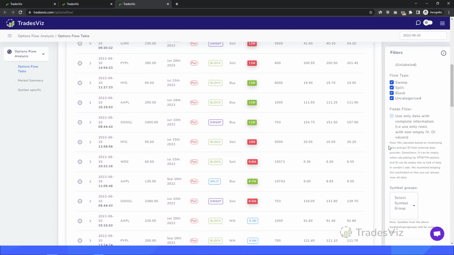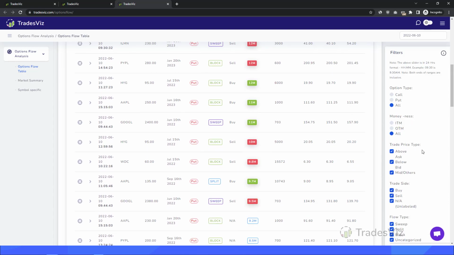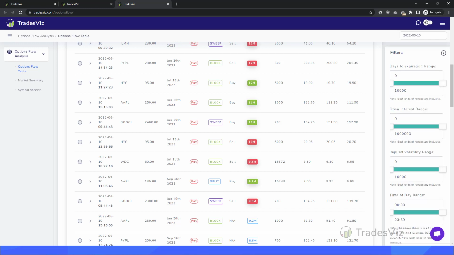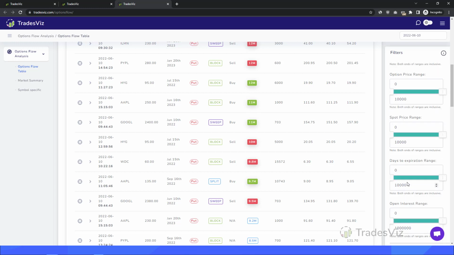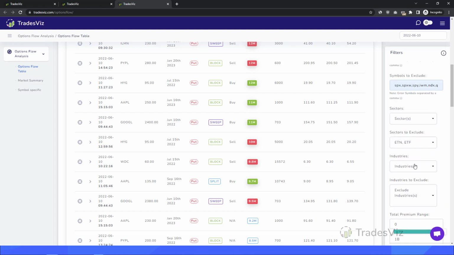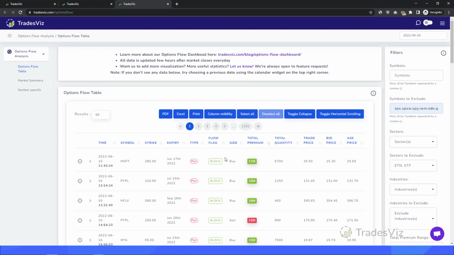You can filter pretty much anything related to options. That means what type of flow it is, whether it is above bid, below ask, ITM, in the money, out of the money, when it was traded, what the implied volatility was, the open interest, strikes, price, what sector it belongs to, and so on and so forth.